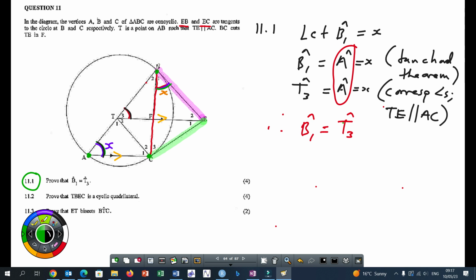can't you say that B1 is T3? Because we don't have a triangle. You see, this vertex here is not at the circumference, and also this vertex here is not at the circumference.